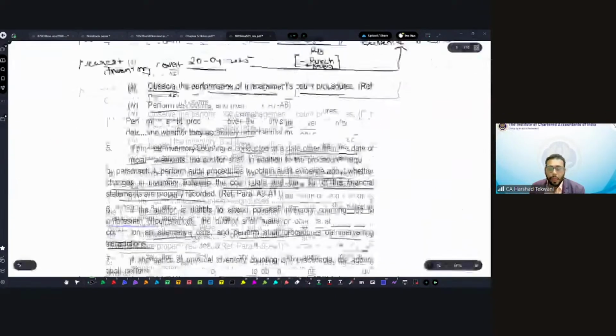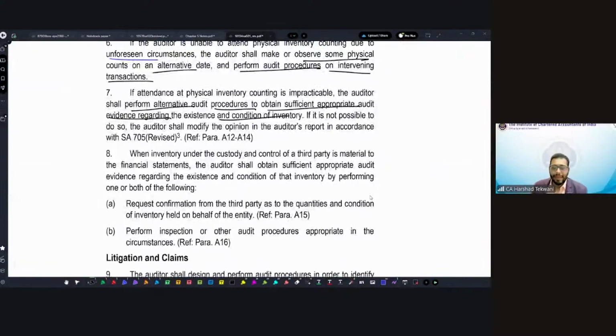Okay. And if there is inventory lying in the custody of a third party, you need to obtain sufficient and appropriate audit evidence with respect to it. Either you request confirmation from the third party, or perform inspection or any other appropriate audit procedures to verify the inventory lying with the third party.